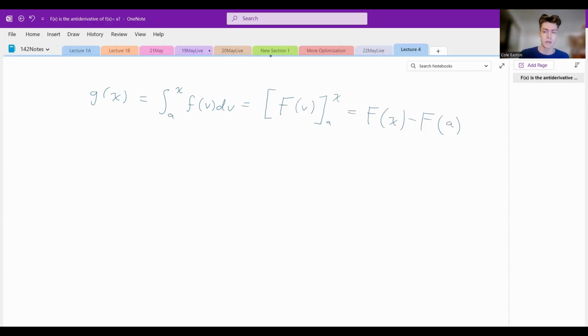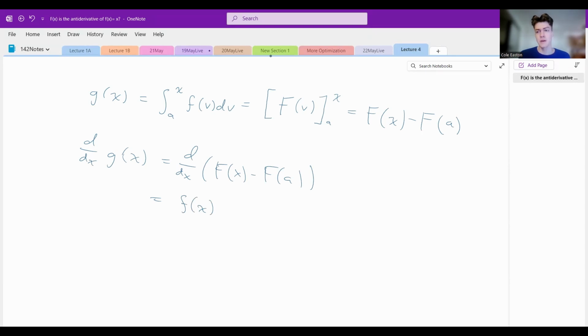All right. Now let's take the derivative with respect to x of g of x, and we'll see that that's the derivative with respect to x of big F of x minus big F of a. Well, we said that big F is the antiderivative of little f, so that means little f is the derivative of big F of x.